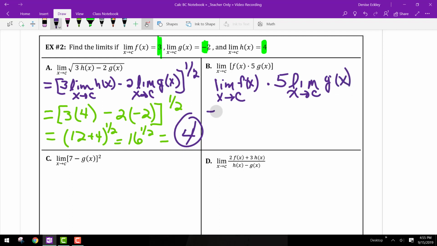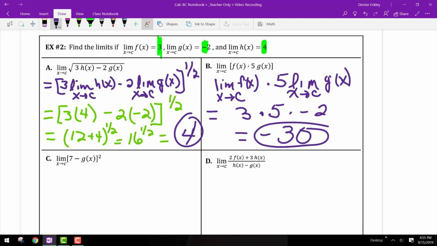Substituting our values then, the limit of f of x is 3, and we're going to multiply it times the 5, and the limit of g is -2. So multiplying those 3 numbers together, we get -30 for the limit of our problem.